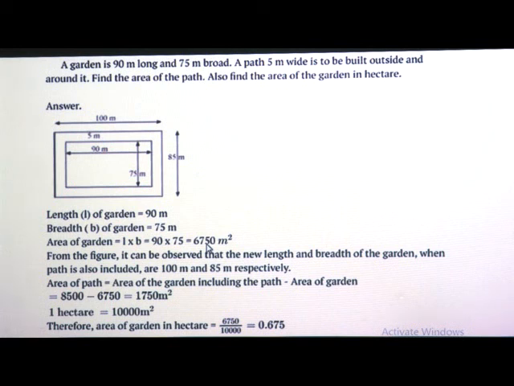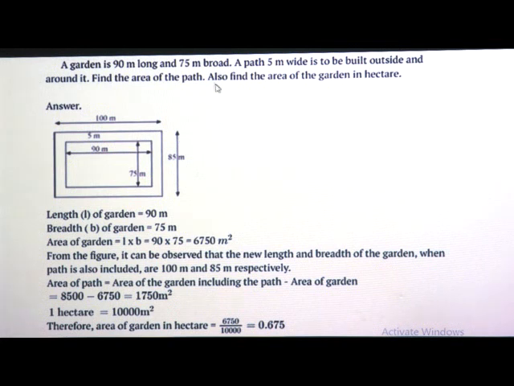So, the area of a garden is 6750 meter square. After subtraction, we get the area of a path, that is 1750 meter square, which is the area of the path of width 5 meter around the garden.